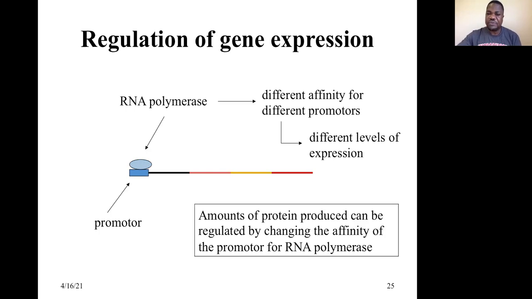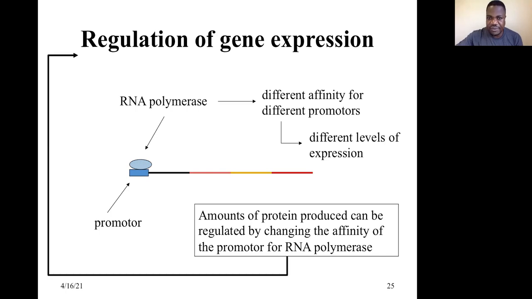Okay, so there will be different amounts of proteins produced, and those can then be regulated. The amount can depend on the affinity of the promoter with RNA polymerase. Okay, so this is how the regulation of gene expression takes place.